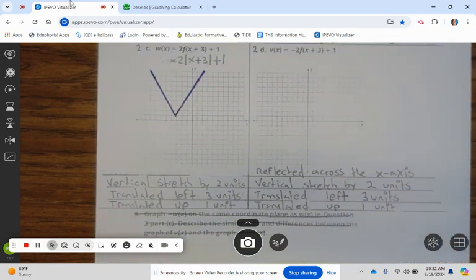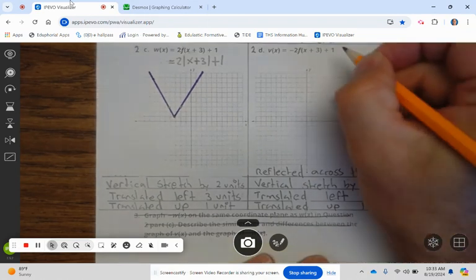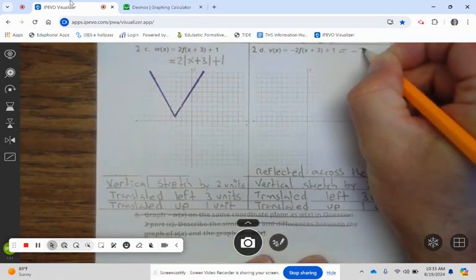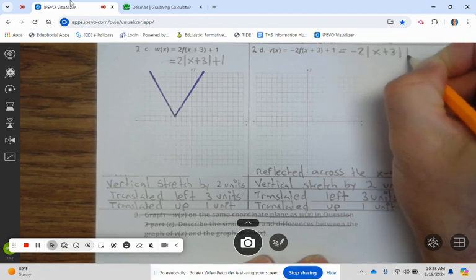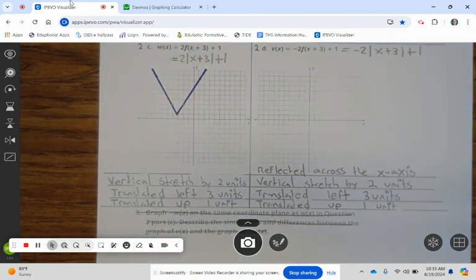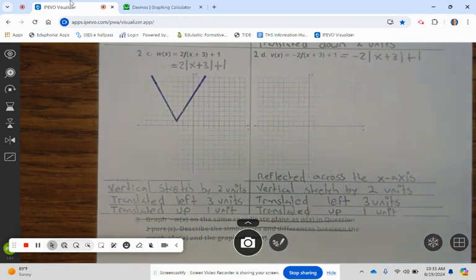All right, let's take a look at 2d. So we have v of x equals negative 2 times f of x plus 3 plus 1, which can be rewritten as negative 2 times the absolute value of x plus 3 plus 1. All right, let's go ahead and graph that in Desmos.